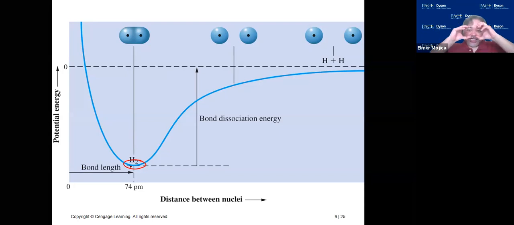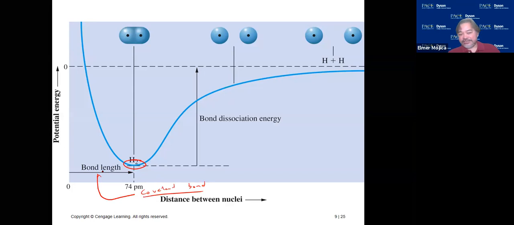Higher or lower than 74 will give you a much higher energy. When we're looking at stability, we're looking at the lowest energy that you can have. And that is how your covalent bond is formed.